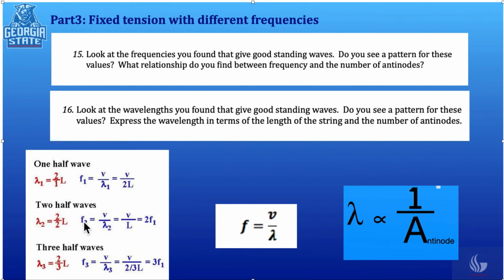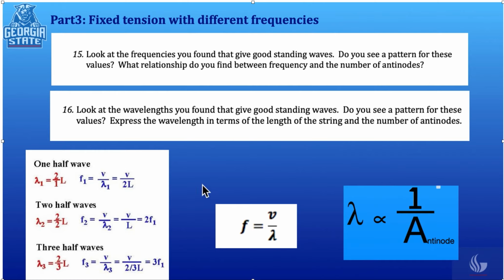For F2, where there were 2 loops, the number of antinodes was 2. When the antinodes were 3, you have the frequency F3. So from the values, deduce the relationship between the frequency and the antinodes.